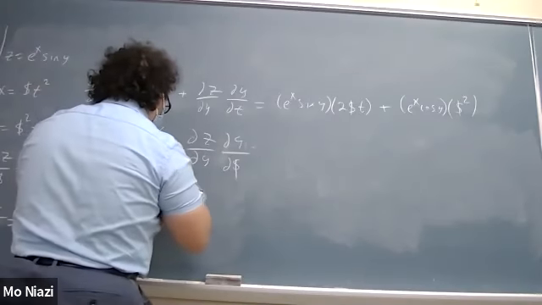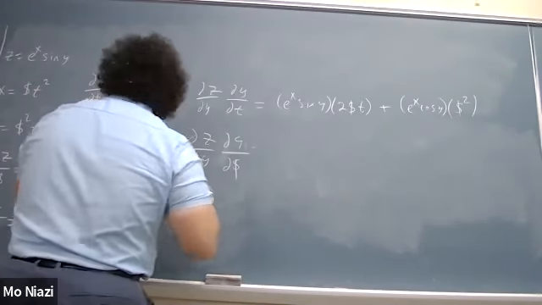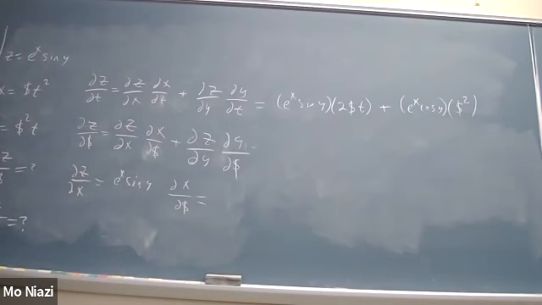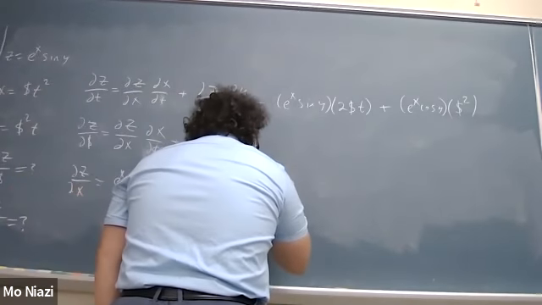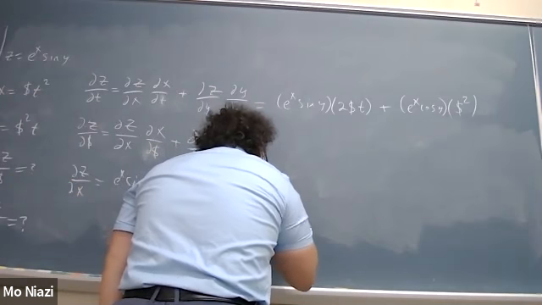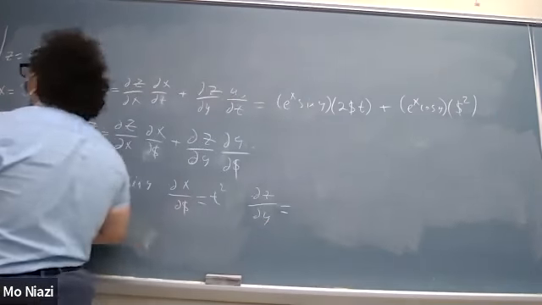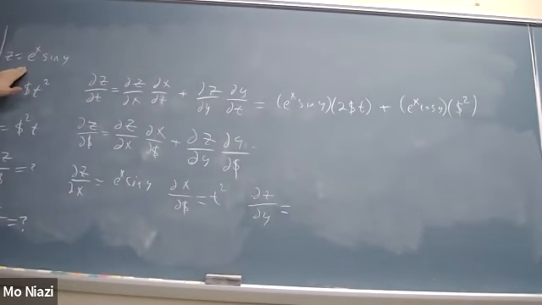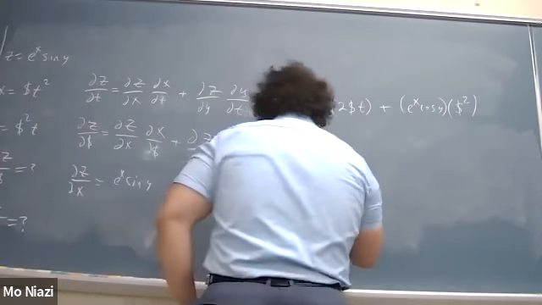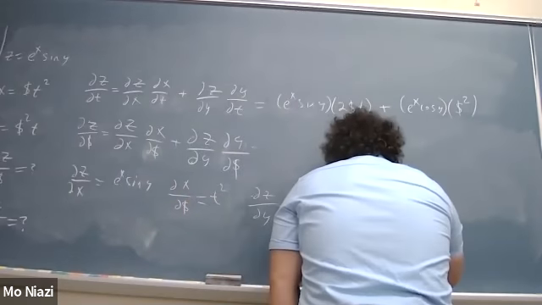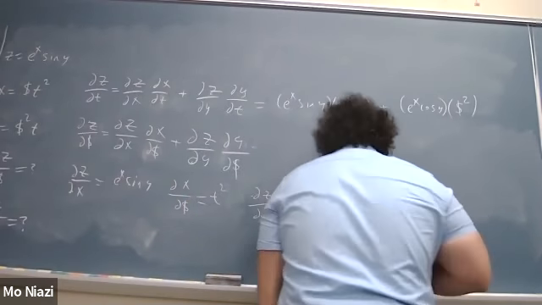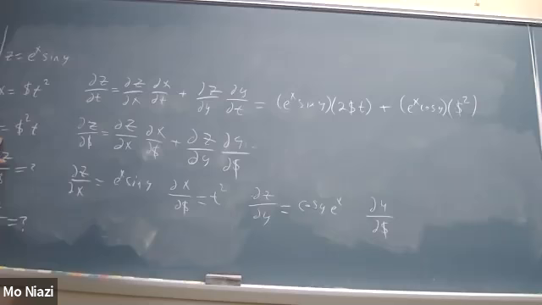Partial x, partial s is partial s of this, which is just t squared. And then partial z, partial y is partial y of this. Derivative of sine is cosine. And partial y, partial s is partial s of this, which is 2st.